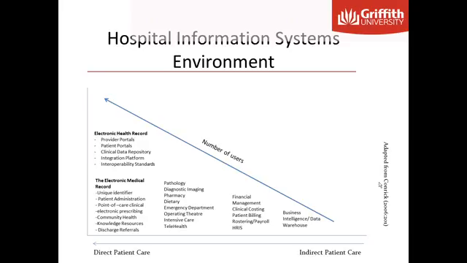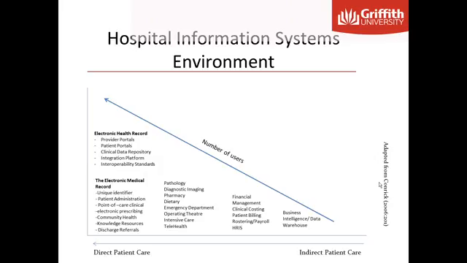Now this chart here shows you the components of health information which are directly involved with the patient, and you can have a look at some of those components on the left hand side versus the indirect patient care, which is on the right hand side, and there are fewer components over there.